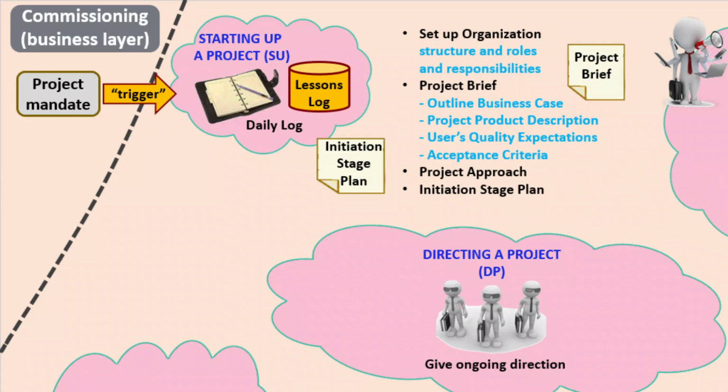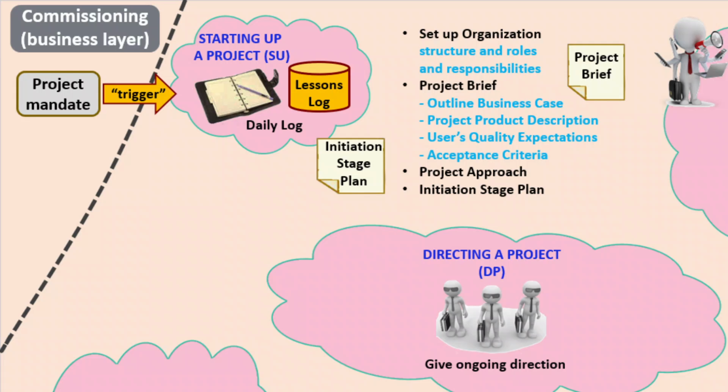The initiation stage, which is where the initiating a project process is used to create the PID, and at least one other stage. Typically, this other stage would be called a delivery stage. Why? Well, because in the initiation stage, it's all about planning, pulling together the PID, if you will.